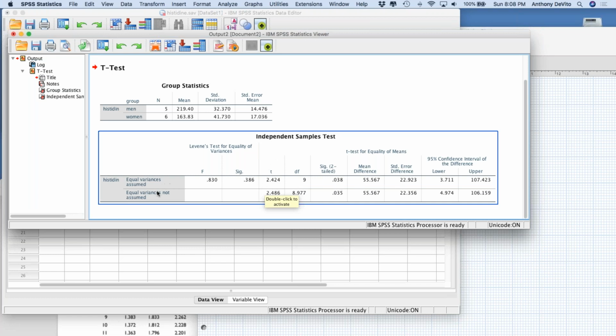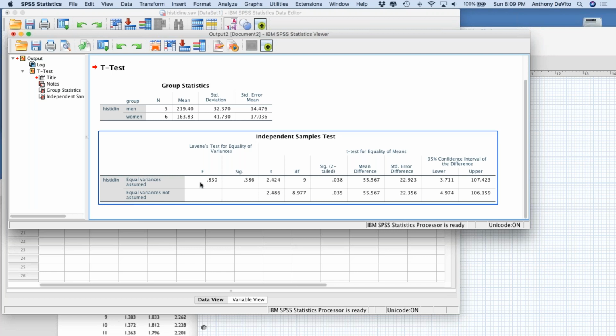And in fact, it does a t-test twice. This top row is a t-test, this bottom row is a t-test. It does it twice. The first time, it does it pooling the standard deviations, assuming that the variance is equal. It does it again, assuming that standard deviations are not equal and not pooling them, right?